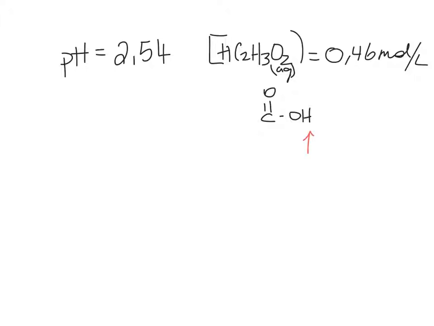Out of all the hydrogens, that's the only acidic one. Often we write the H out front. Is this triprotic, diprotic, or monoprotic? Monoprotic because there's only one H plus that comes off.